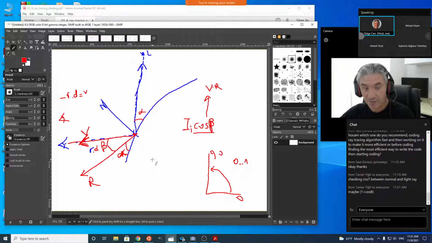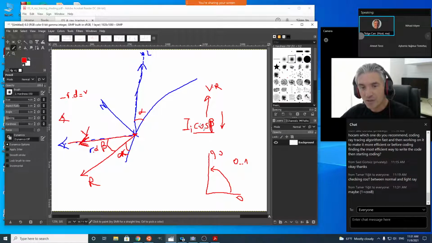But what they did was they want this cosine value to decrease to 0 quickly as beta gets larger. So for beta equal to 0, we want a large coefficient, but we want this function to drop quickly as beta increases from 0 to 90.